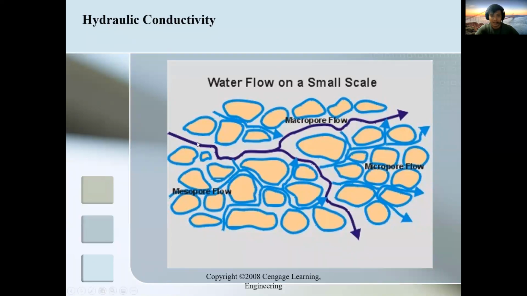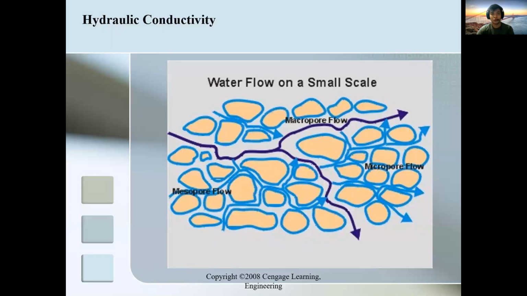Okay. So there are macropore flows, meaning the flow of water is through large voids. And we also have mesopore flow, in which the water moves in the smaller void spaces. Usually the geotech and the hydraulics subjects are interrelated, since water is also present in your soil.